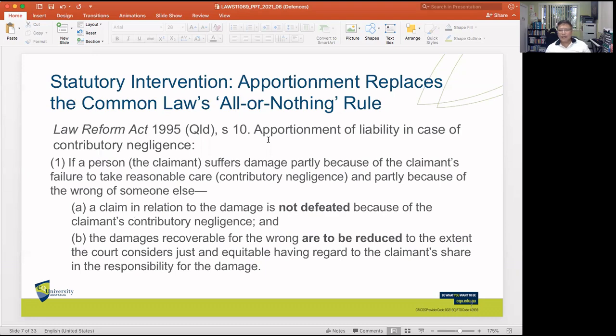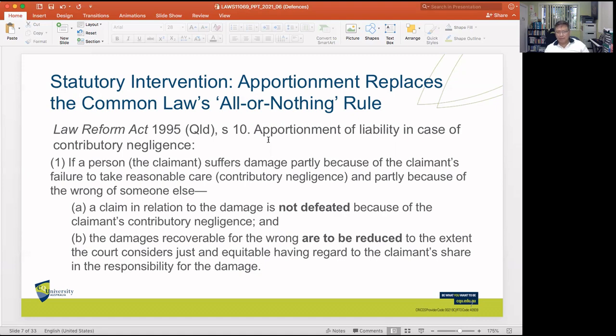So let's begin by looking at the statutory intervention under the Law Reform Act of 1995. So under Section 10 of that particular statute, apportionment of liability in case of contributory negligence.